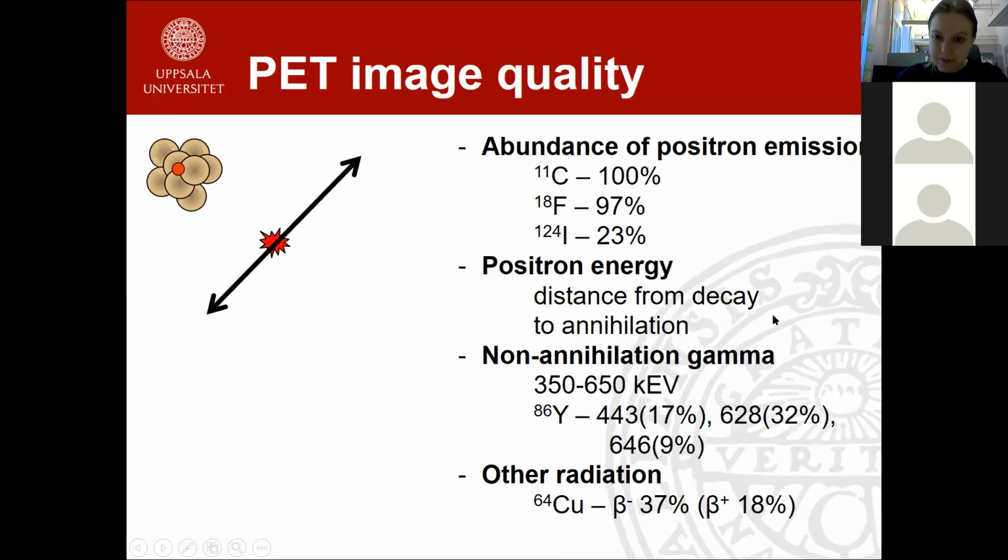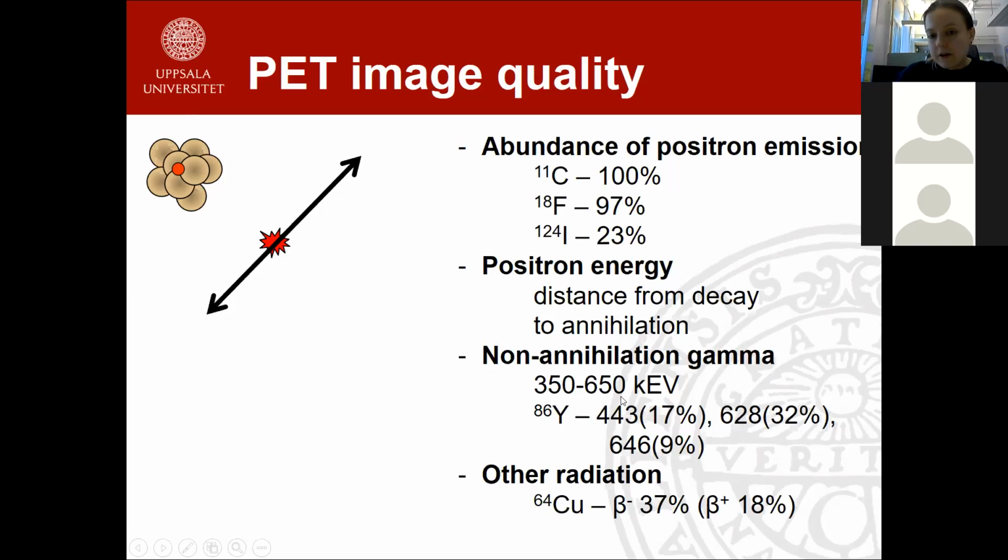Then we have talked about the positron energy, and a third parameter that is also related to the physical properties of the radionuclide is called non-annihilation gamma. It's gamma that is produced during the radioactive decay of the nuclide.